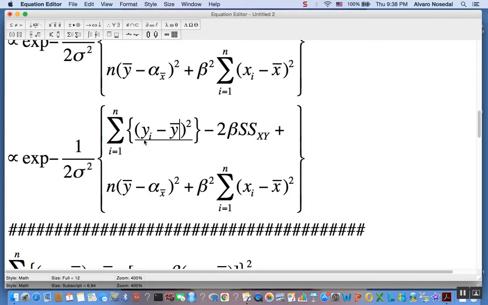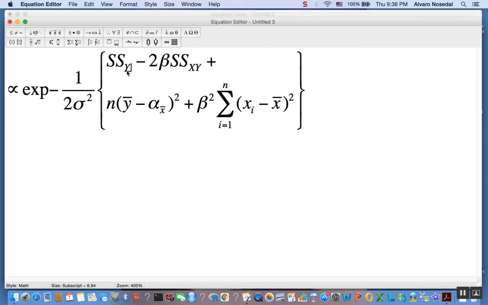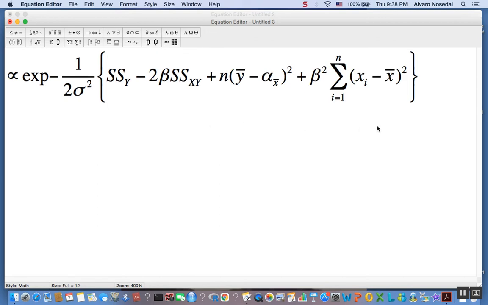Instead of writing the summation of yi minus y bar squared, right? What we're going to be writing is SSY. Okay? Makes sense? Okay. So the likelihood of our sample looks like that. Okay, now it doesn't look so scary.